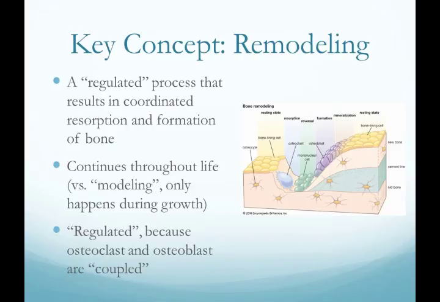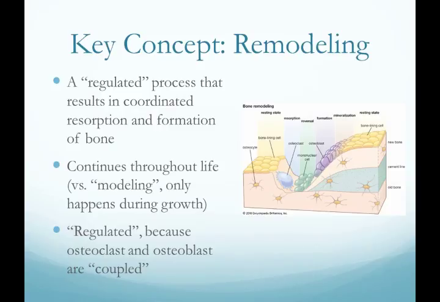And also, another function of bone, which you learned about yesterday, is the fact that bone really acts as a reservoir for calcium. If you have low calcium in your body, where do you get it from? You get it from bone. So this is how calcium is released from the bone. The osteoclast comes in, starts chewing away at the matrix and the mineral, and releases the calcium and the phosphate that you need into your blood. So these are the most important reasons why you need to have remodeling throughout the course of your life.